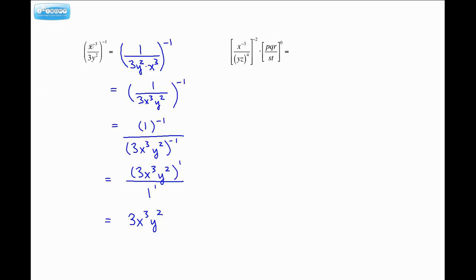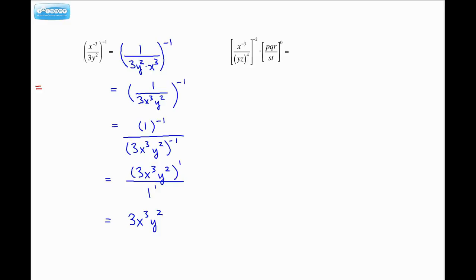So what I'm going to do is apply that shortcut trick that I showed you earlier, that you don't have to worry about if you don't like it. If I have a fraction and the fraction is being raised to some number that's negative, I can just reverse the sign of this and take the reciprocal of everything that's inside. But here's where you have to be very, very careful.